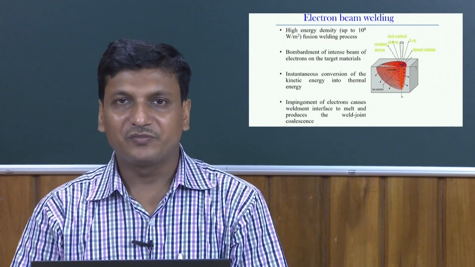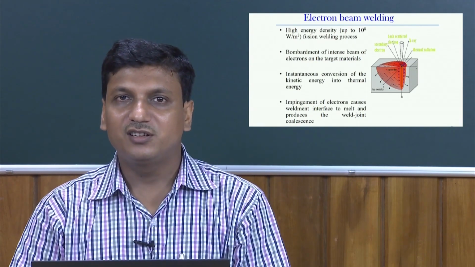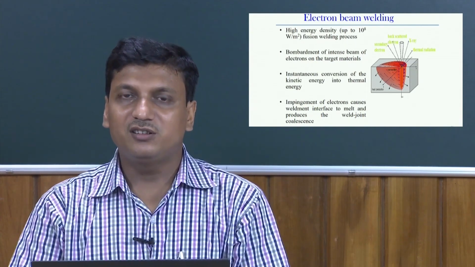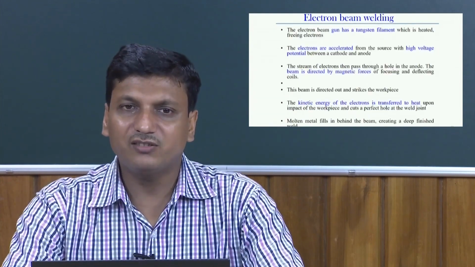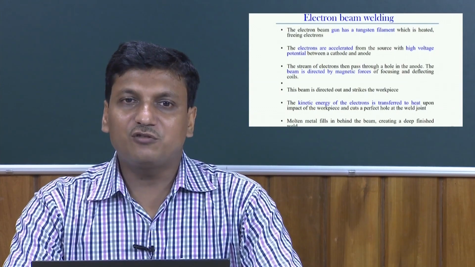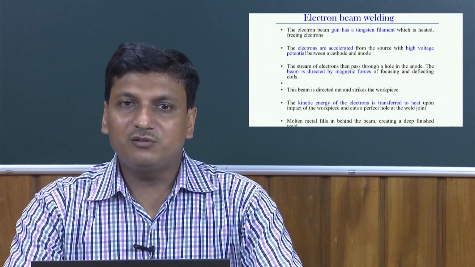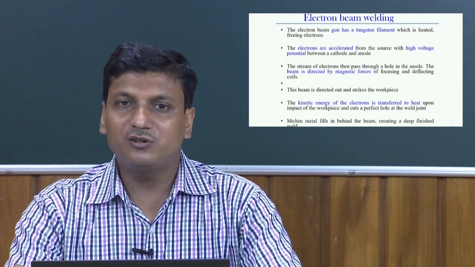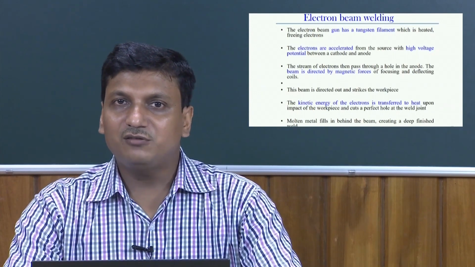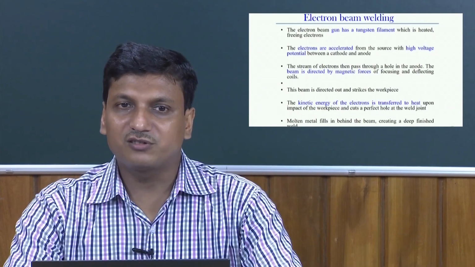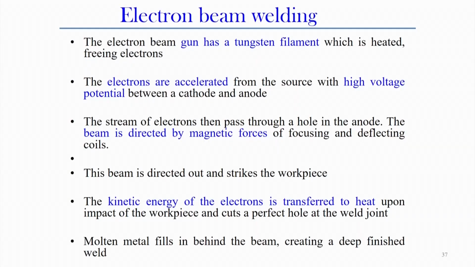Remember that electron beam welding generally happens in a vacuum chamber. The electron beam gun we use has a tungsten filament, which is heated to create a pool of electrons. Second, after creation, the electrons can be accelerated from the source with a high voltage difference.